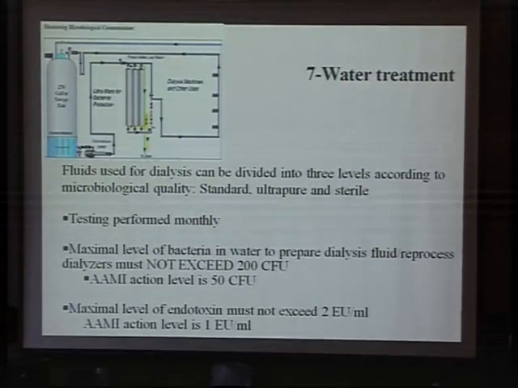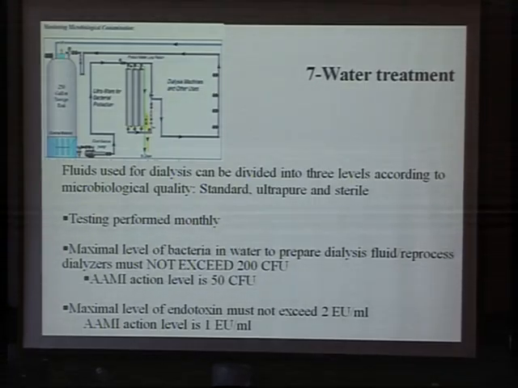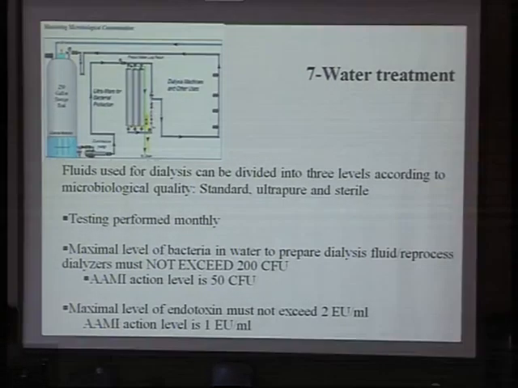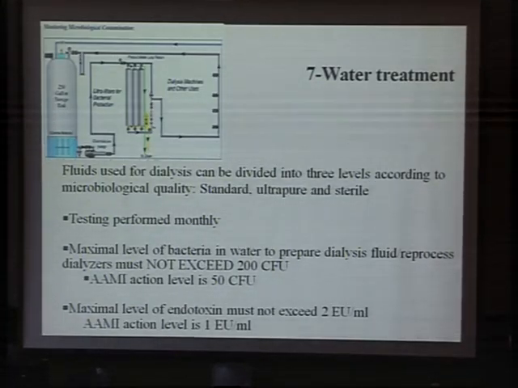Water treatment. Water treatment is a very, very important issue, as Dr. Samir gave us some instruction about it. The fluid in the dialysis is a risk, like all the environment, meaning the water and the air and the surfaces around. Water is very critical, especially for the hemodialysis patient. It should be tested monthly, as we said before, and the maximum level for bacteria is 100 to 200 coliform units.